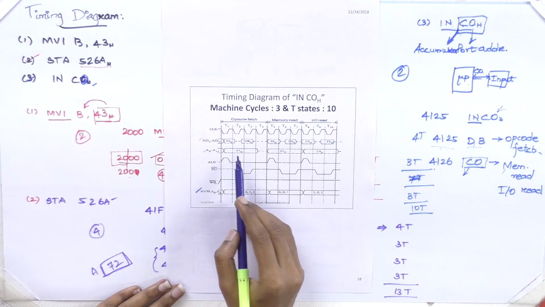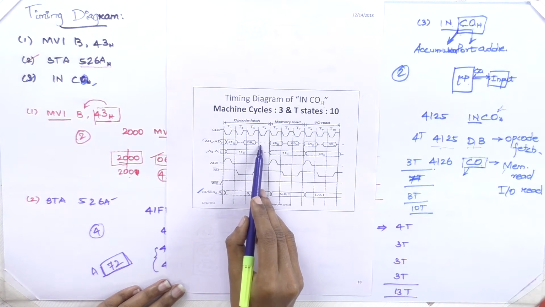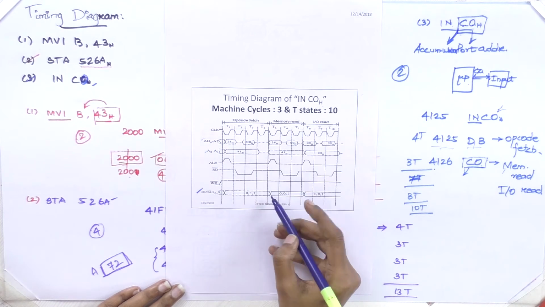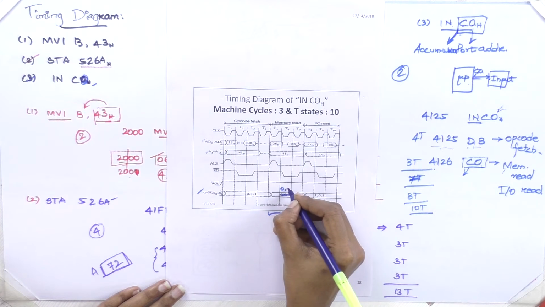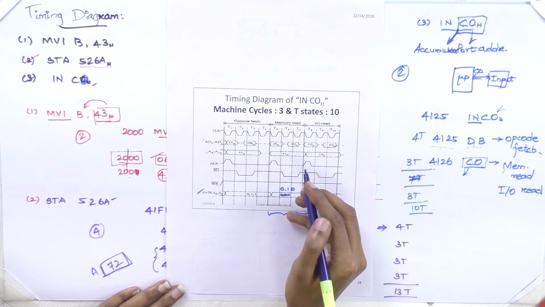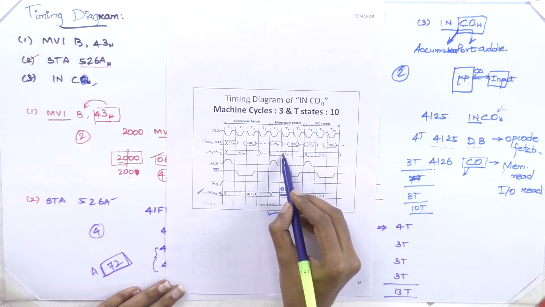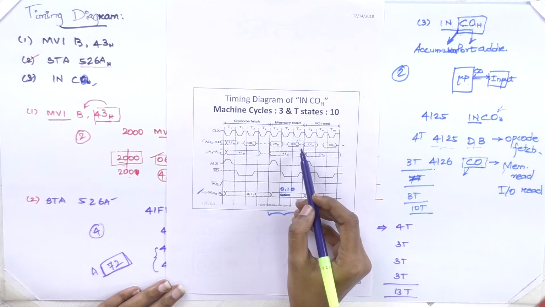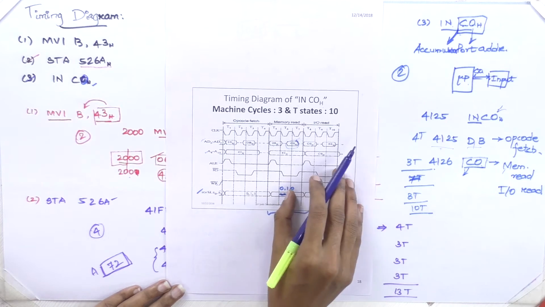It reads the opcode and stores it in the instruction register, which happens in opcode fetch. Then in memory read, the control signals should be 0, 1, 0, because we are reading the port address from location 4126. At T state 6, it reads the address C0.